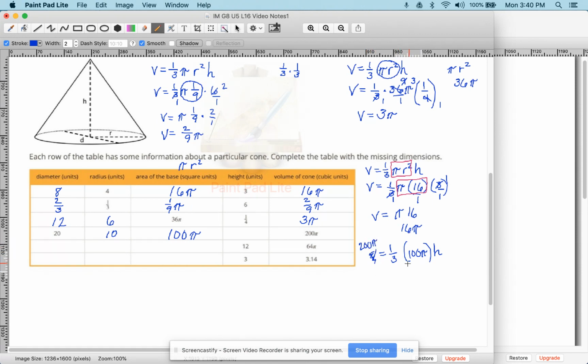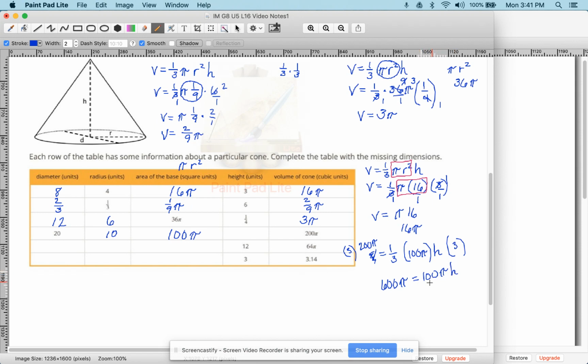So the first thing I'm going to do is get rid of this fraction. To get rid of the fraction, I'm going to multiply both sides by 3, or 3 over 1, and I'm going to get 600 pi equals 100 pi times h.